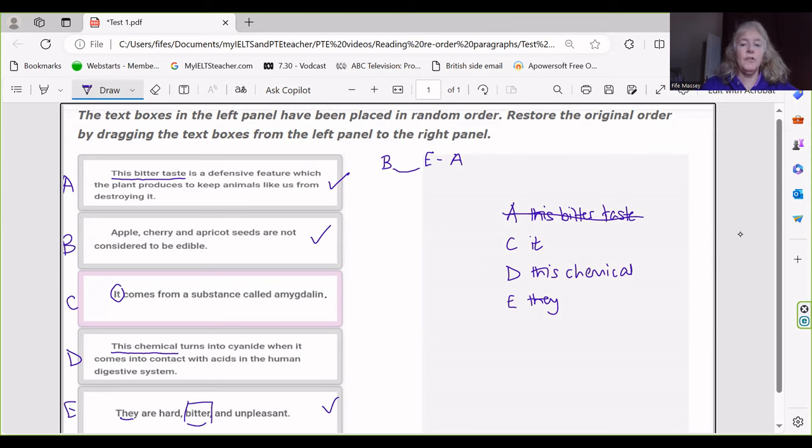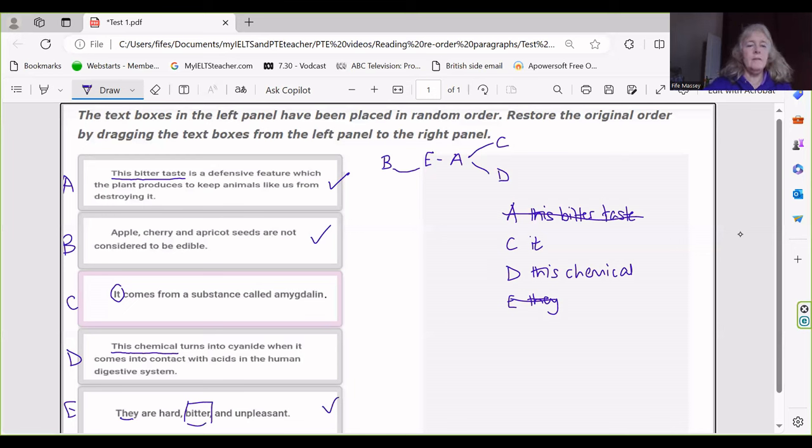It's difficult to know because we've got it and this chemical. So it's kind of talking about the same thing. Let's try something here because it's not that clear to me at the moment. If I was to do A followed by C or A followed by D, how does that work?